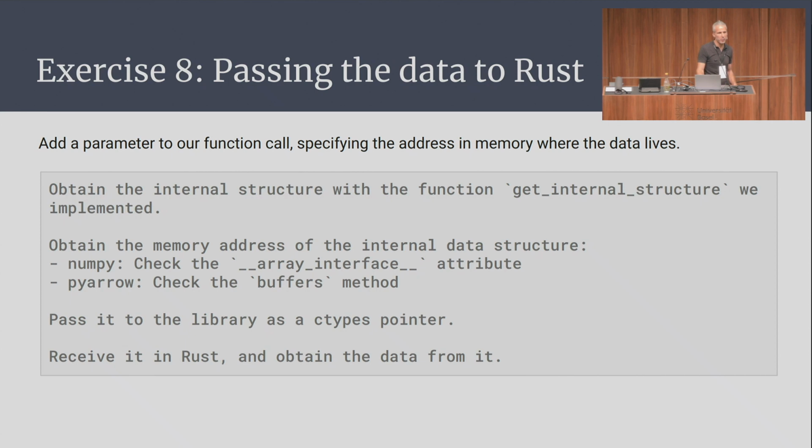In the case of NumPy, we have the array interface attribute, where you have all the information you need about where this data lives in memory for other projects to use. In the case of PyArrow, it's pretty much the same, but you have a buffers method.